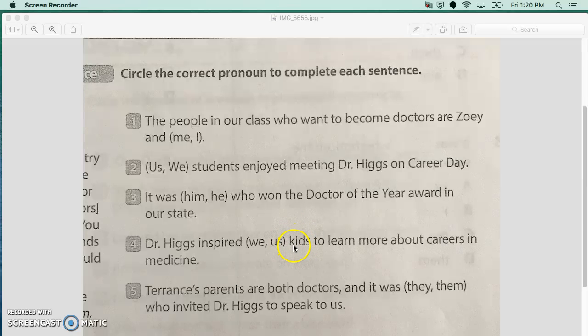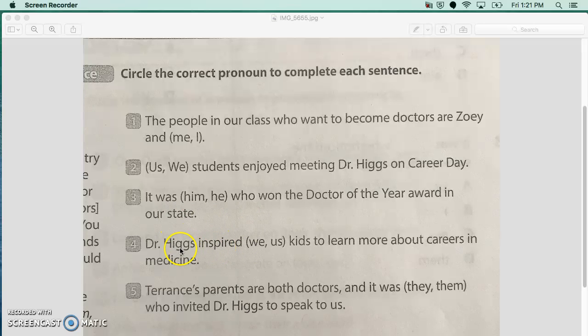That's that noun after the pronouns. Your pronouns are we or us. And get rid of kids because that's that extra fluff. So read that sentence. Dr. Higgs inspired we or us to learn more about careers in medicine. What is your predicate? Your predicate is inspired.